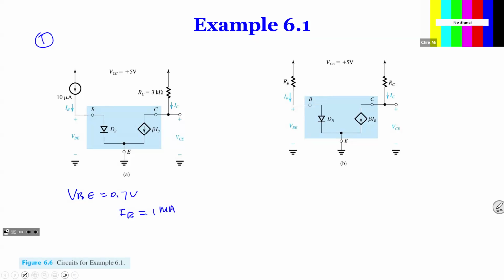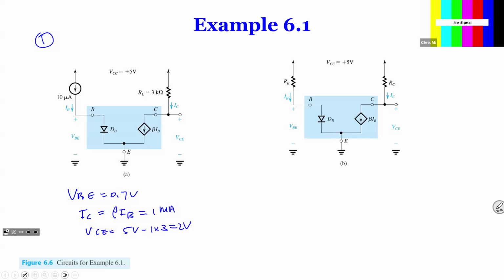Sorry about that. So then we have VCE equal to 5 volts, again, minus 1 times 3, is 2 volts. So this is by using the model, assuming VBE is 0.7 volts. We didn't go through the process of calculating VBE.